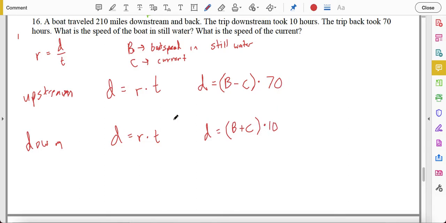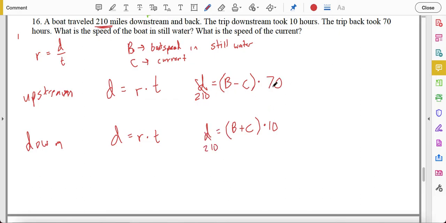So we know the boat also traveled 210 miles downstream and then back. Essentially, we know that each one of these is equal to 210. So this distance is 210, and this distance is 210.